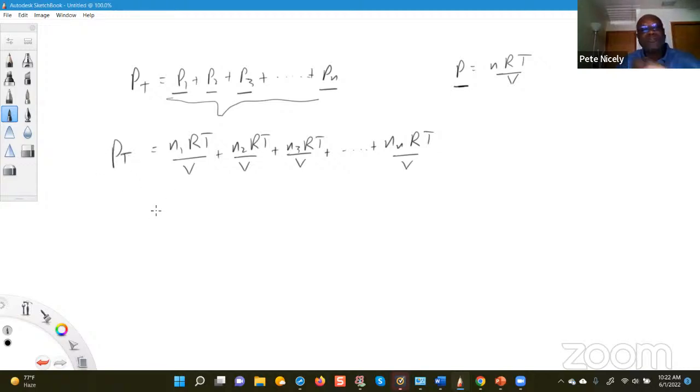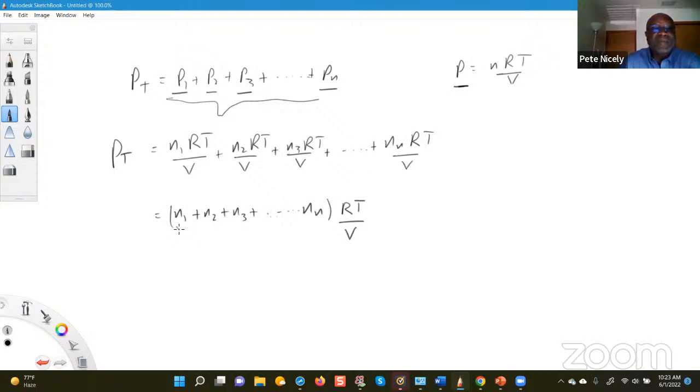And then what you can do from here is factor out RT over V, and this is what you're going to end up with. You're going to end up with n1 plus n2 plus n3 plus all the way to nn, multiplied by RT over V, right?